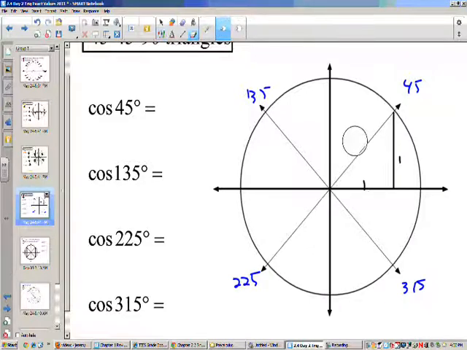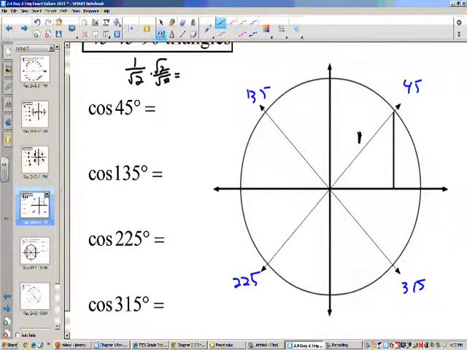But this is the unit circle, so we're going to go from 1. Now to get these sides here, we do 1 divided by the square root of 2, which we can rationalize to get root 2 over root 2 times root 2, which is root 4, or that's root 2 over 2. So these two sides are both going to be root 2 over 2.